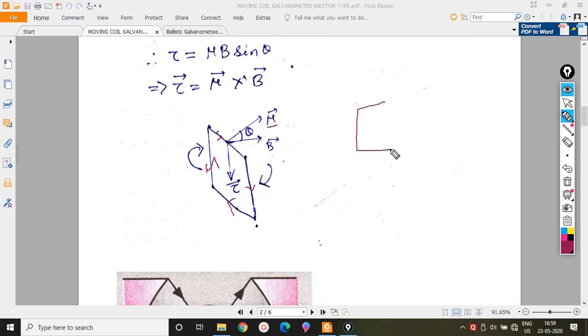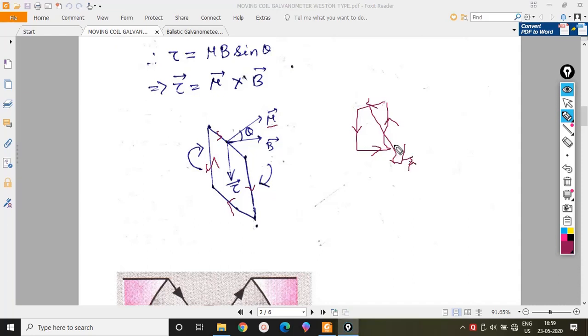So area vector, if suppose we have a loop like this and my direction of current is this way, then the area vector will be in this direction.